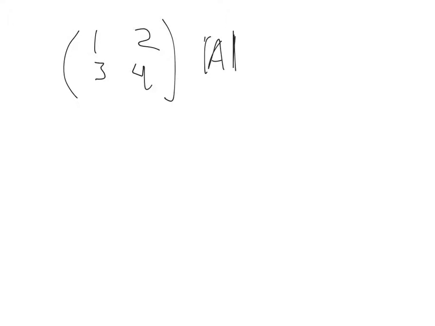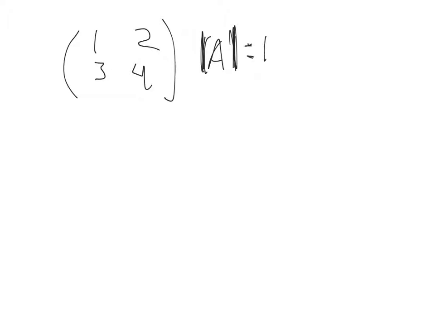This is my favorite one. 1, 2, 3, 4. Okay, so the determinant, okay, these are like absolute value bars.